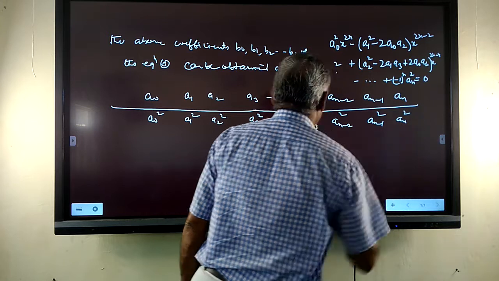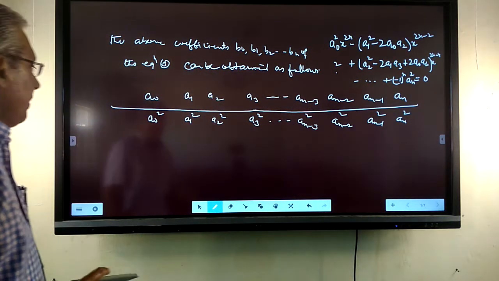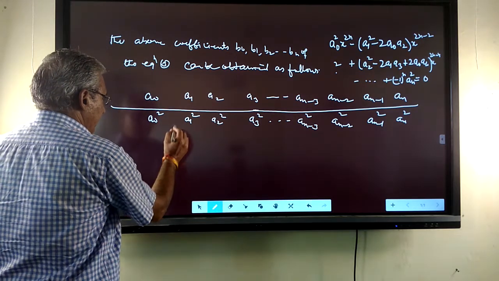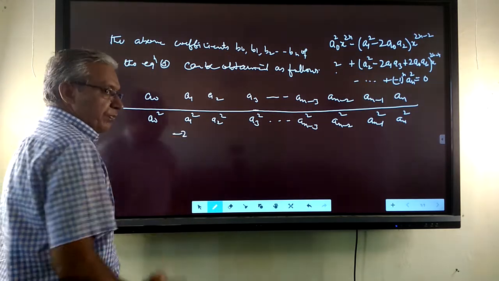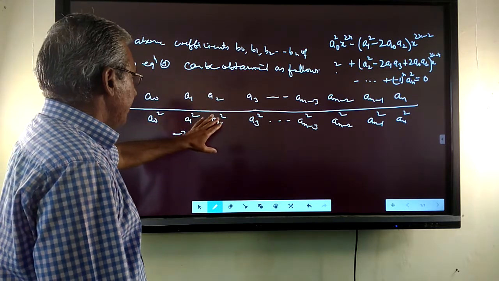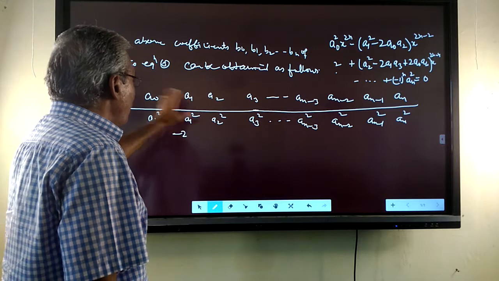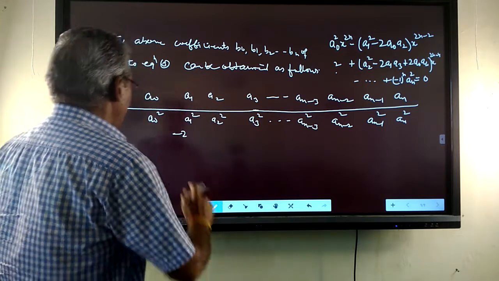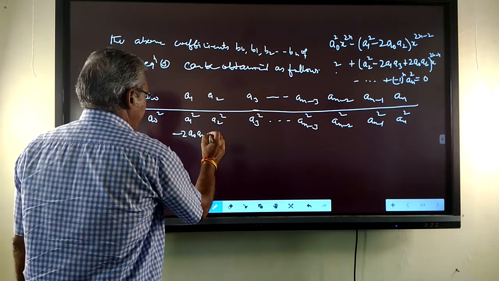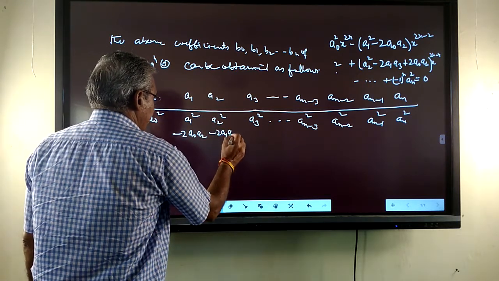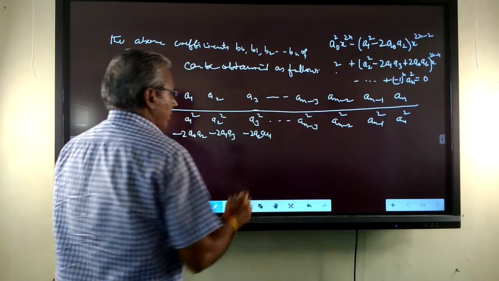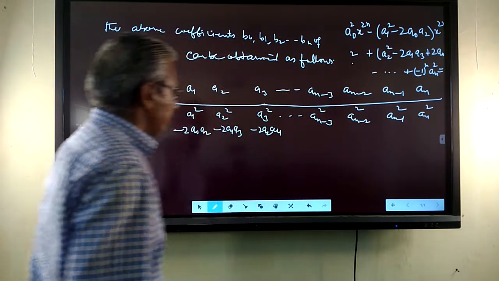In the second row, we start with a negative sign, which is minus 2, and the product of the neighborhood coefficients of a1, which is a0, a2. Here minus 2, this is a1, a3. Here minus 2, a2, a4 and so on.